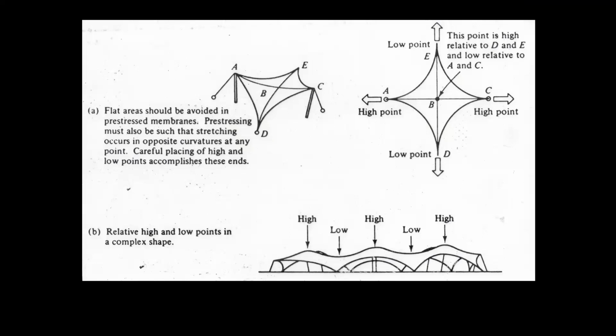Otherwise, in the wind, they will flap and they will get damaged very quickly. And so this simple structure here has curvature in one direction, like this, and then in the opposite direction, it has opposite curvature. We call this anticlastic curvature.